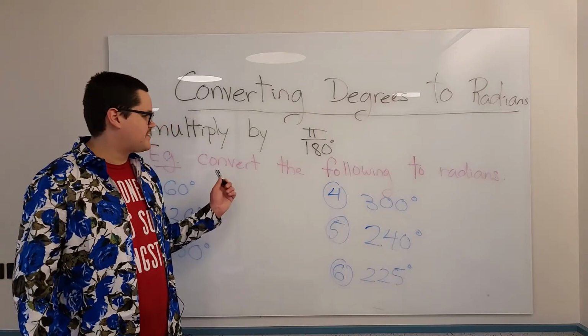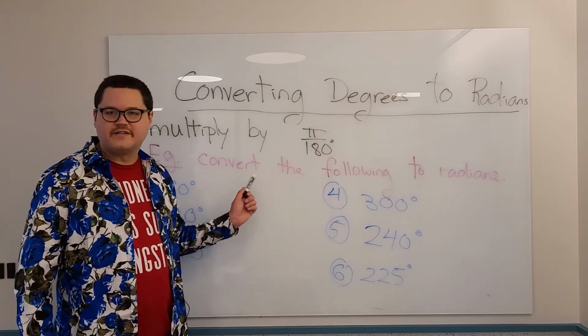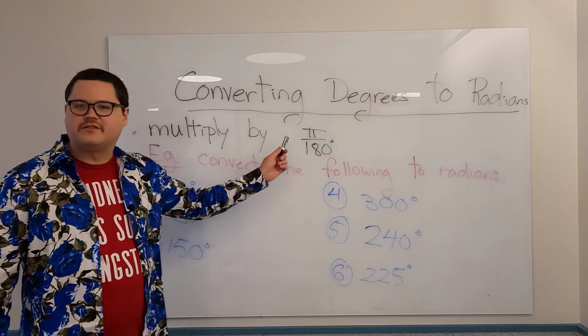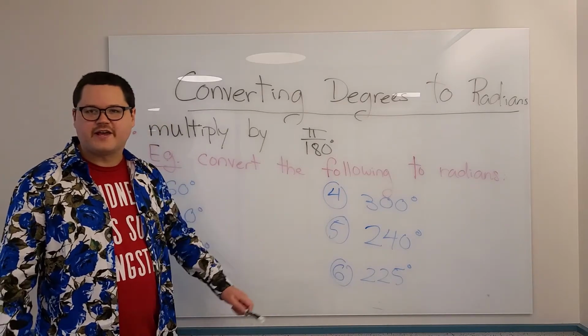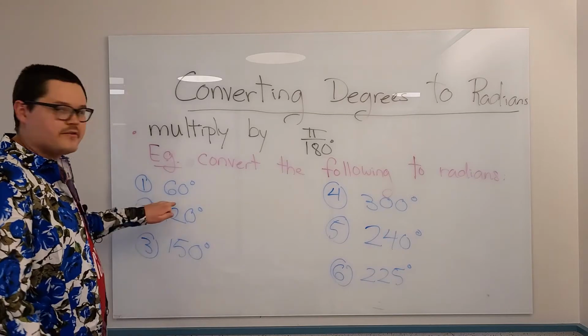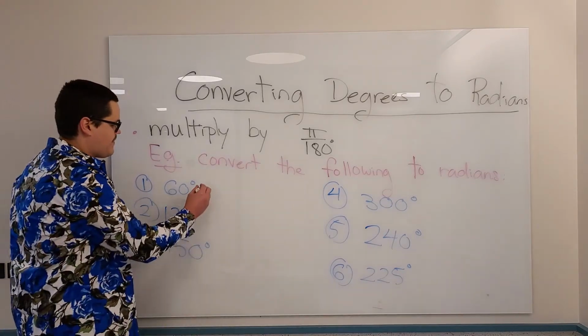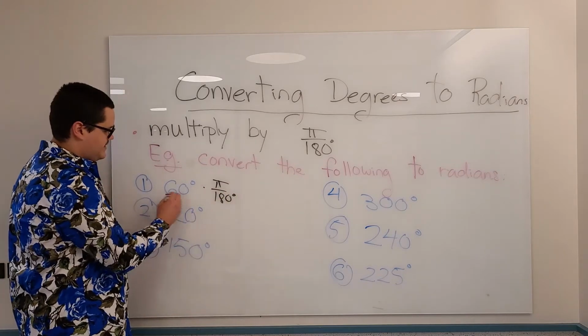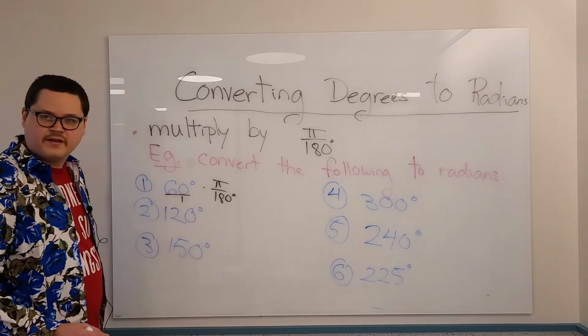Okay, let's do some examples of converting from degrees to radians. As we know, all we have to do is multiply by pi over 180. So 60 degrees, let's multiply by pi over 180. 60 is 60 over 1.